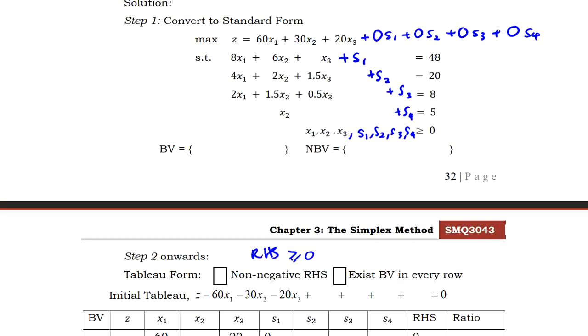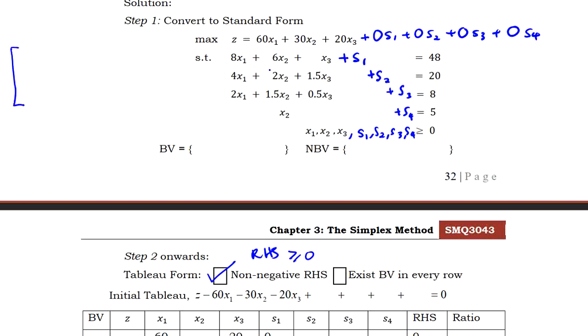Right hand side must be greater or equals to 0. So 48, 28, and 5. Okay, so check. Another thing is there is a BV for each row, for each equation. So how do we know this?